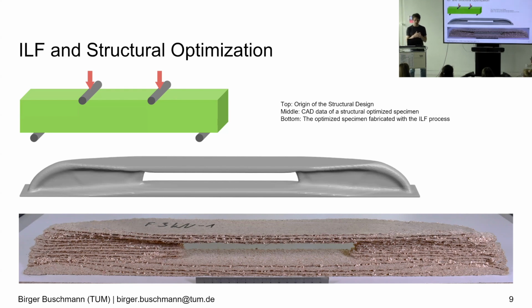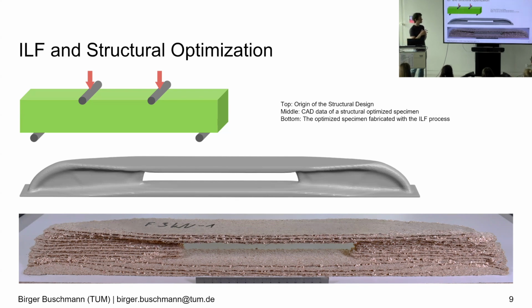Structure optimization, very briefly summarized, is a design technology in which a computer generates the design of our desired object. In our case, we ask the computer to minimize the mass or the volume of the object under a certain load, while still complying to the design constraints.